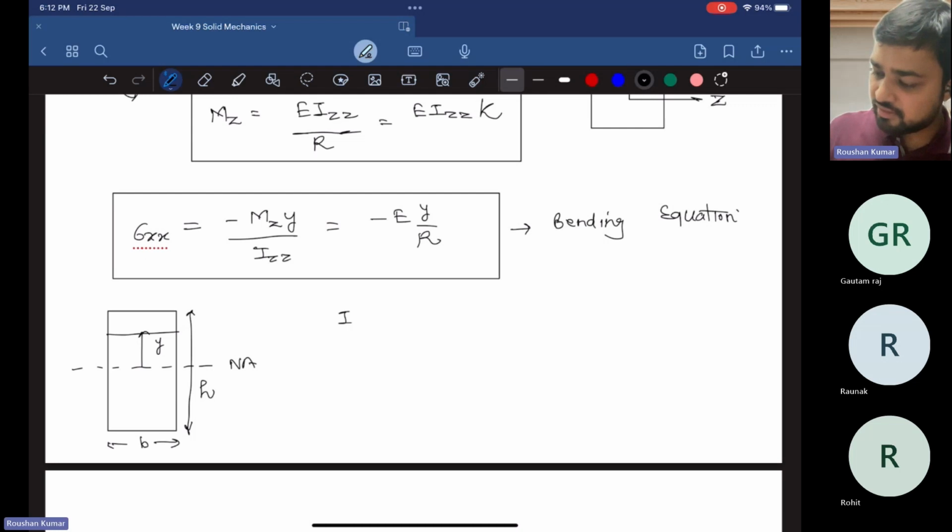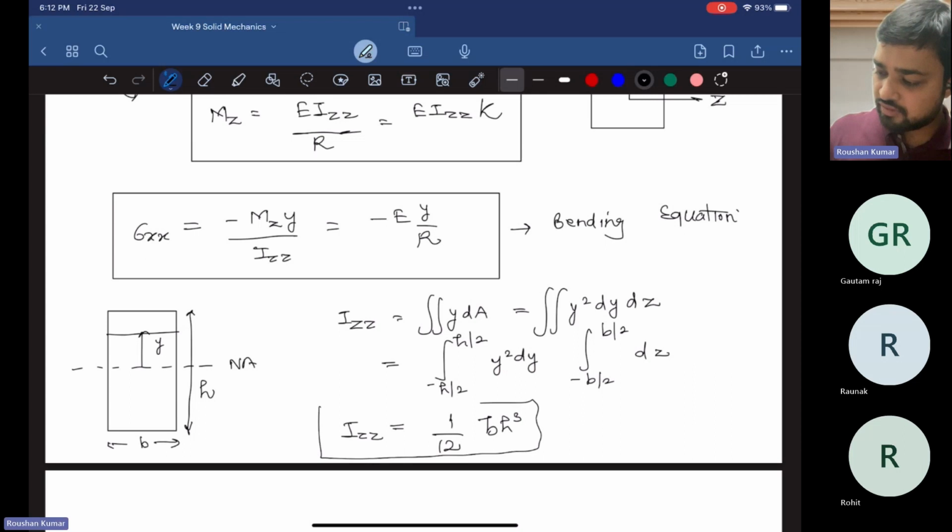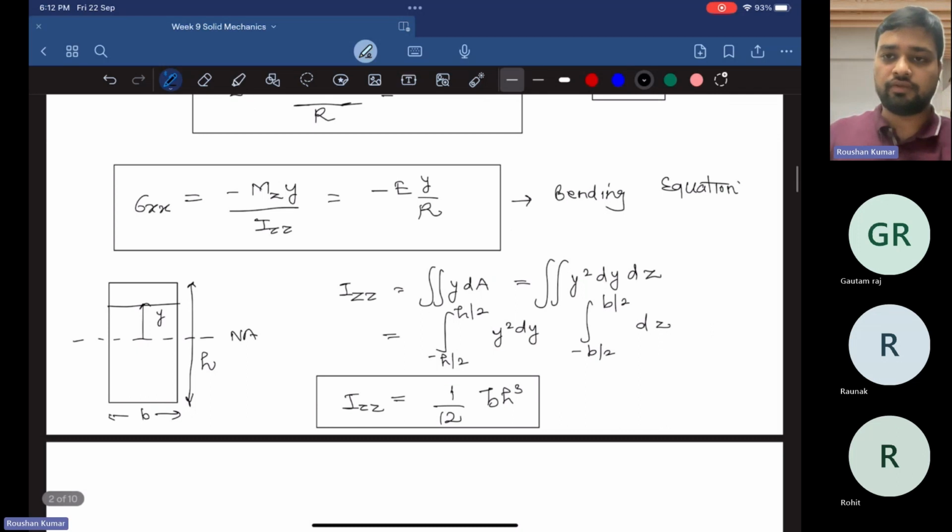So Izz is given by the integral of y squared dA, which is also equal to the integral of y squared dy dz. If we integrate from minus h by 2 to h by 2 for y squared dy, and from minus b by 2 to b by 2 for dz, we find that Izz comes out to be 1 by 12 b h cube. So this is the formula for the second moment of area. We will be using this formula while solving our problem.